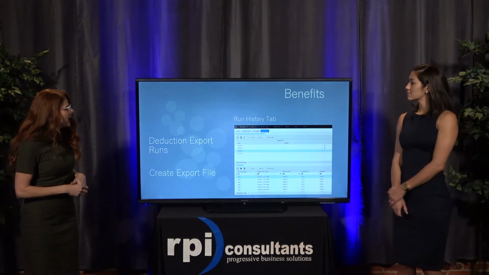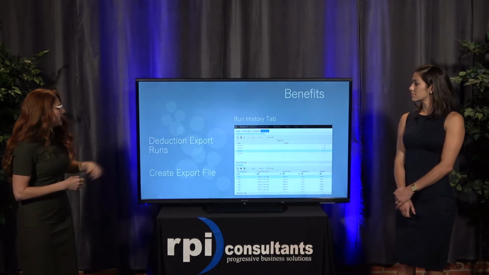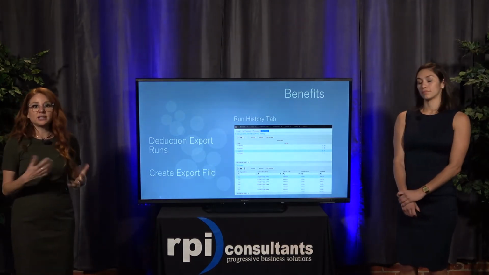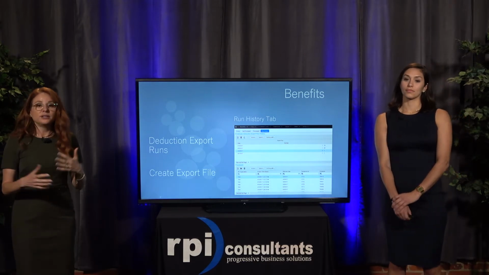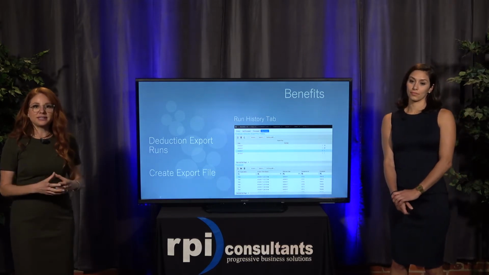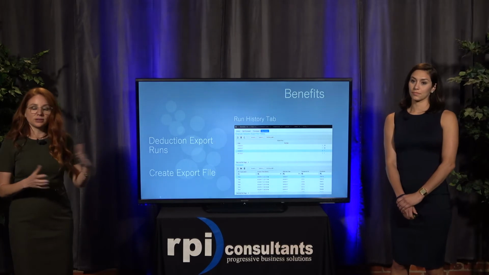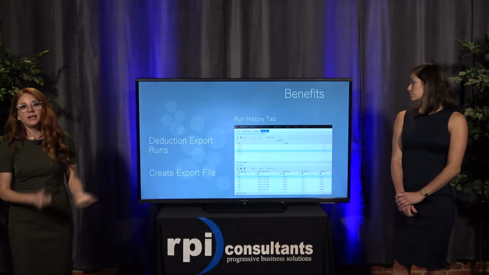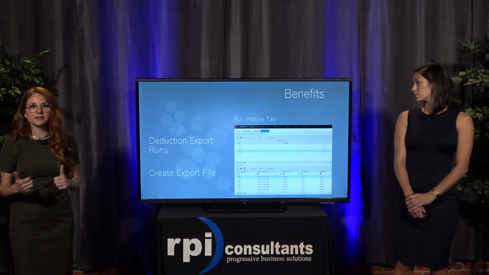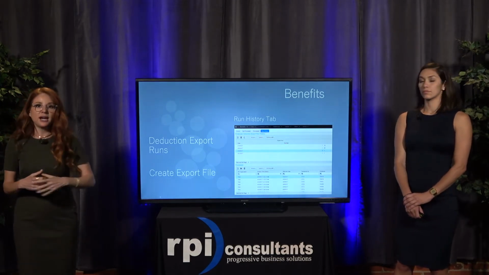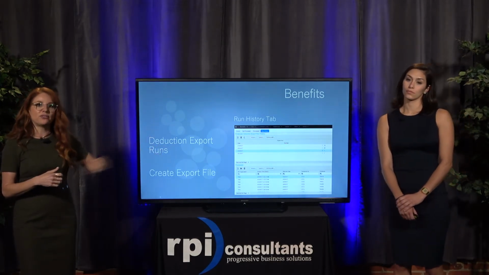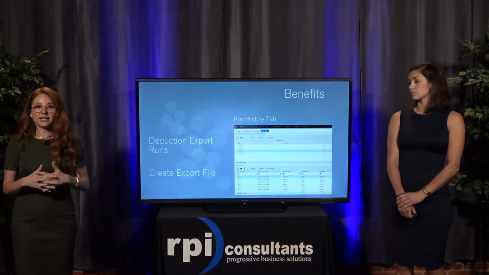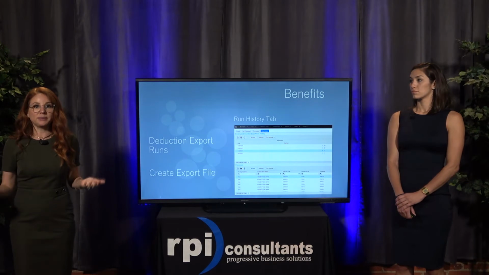So for benefits, the big thing is there's now a run history tab on the deduction export. Since benefits needs to send some export files out to update payroll, and brings files in to update hours and some other things for calculations, with the export file you didn't necessarily know exactly what had been done.